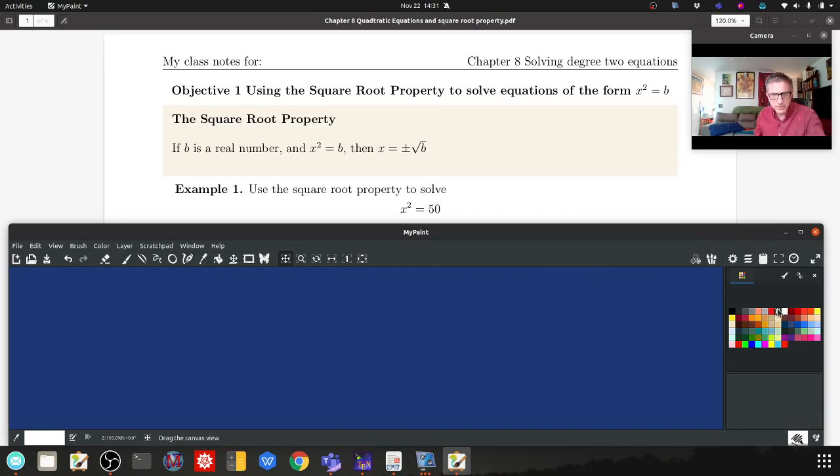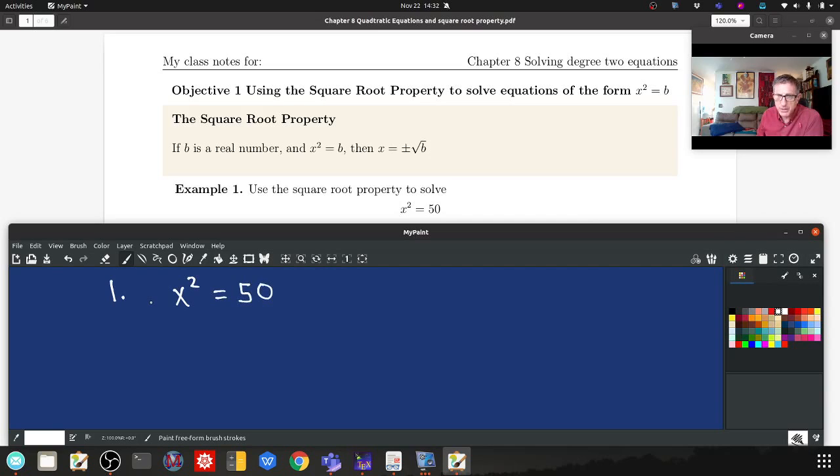I'm going to make this just a little bit bigger if I can. That's too big. So let's do example 1. That'll be okay. I might undo it later on. Suppose we have x squared is equal to 50.